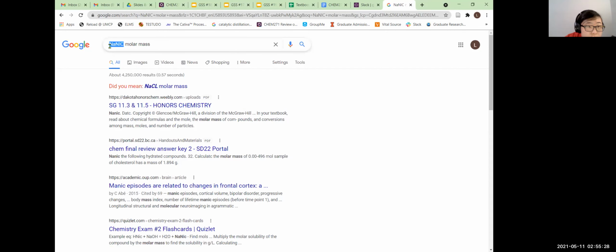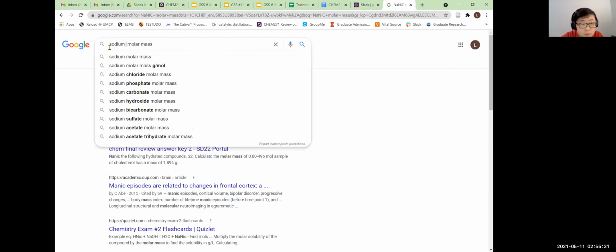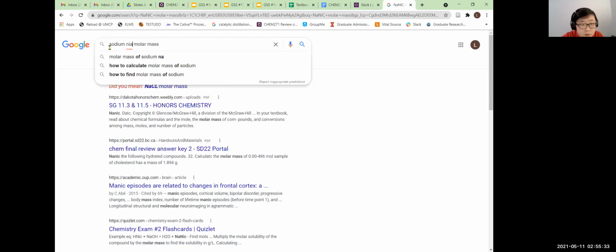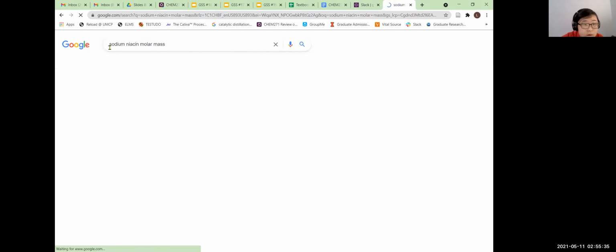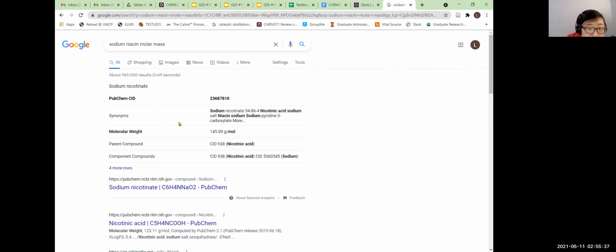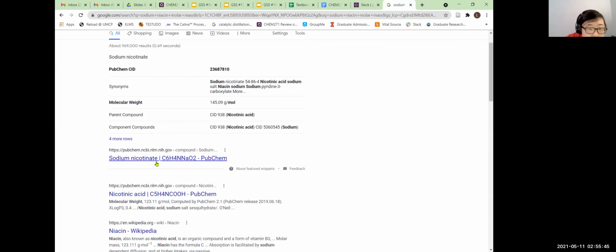It gives you sodium nicotinate, and this looks right. So its molar mass is 145.09.